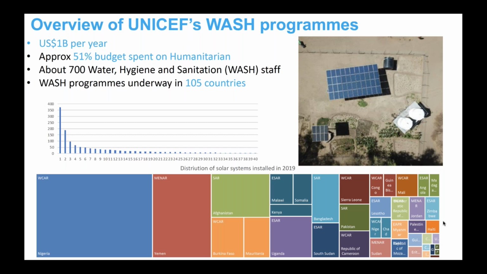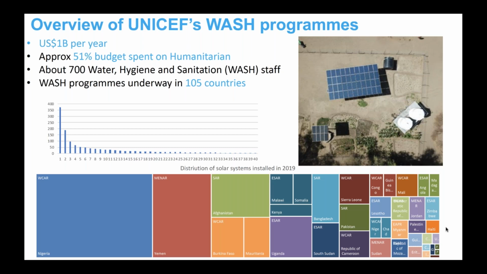Nigeria alone has done a lot last year, followed by Yemen, Afghanistan, Burkina Faso, Mauritania. Across all the countries that are using solar, there is a group of 10, 15 countries that are doing most of the work.